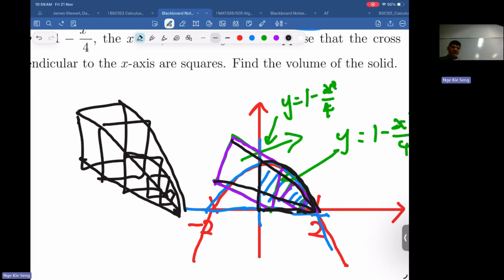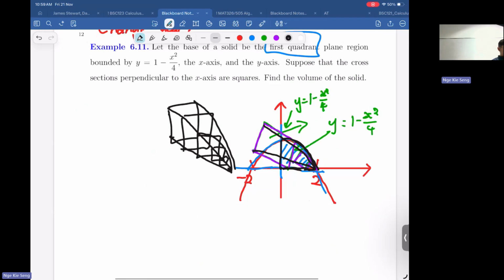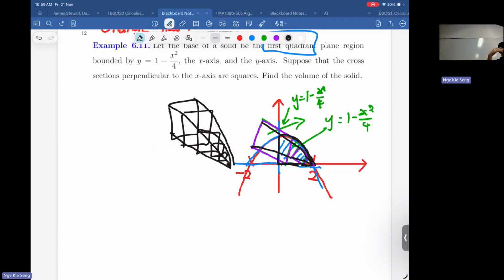So how do we do this integration then? The idea of a Riemann sum is we take a bunch of rectangles or a bunch of cylinders, but now we take a bunch of squares, cross-sectional areas.